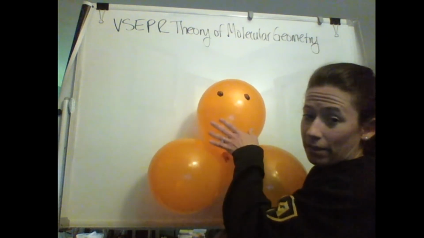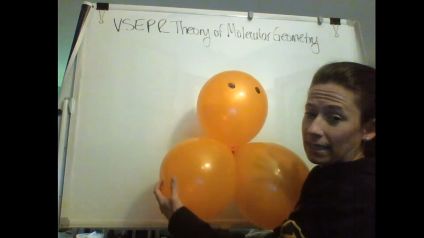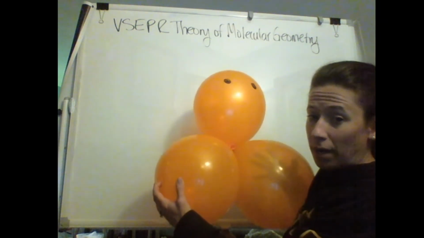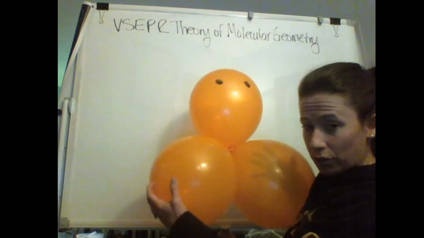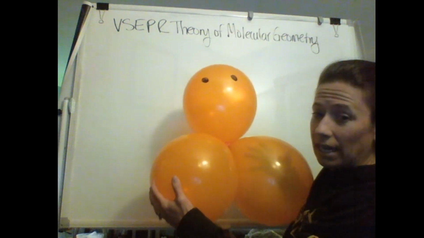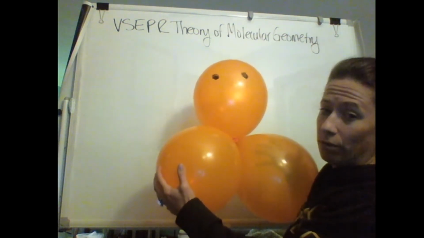So if this balloon gets blown up bigger because of a lone pair, these two domains get pushed closer together. And that 120-degree bond angle that once existed in our trigonal planar geometry is now a little less than 120 degrees. It got smushed by that big lone pair repulsion.